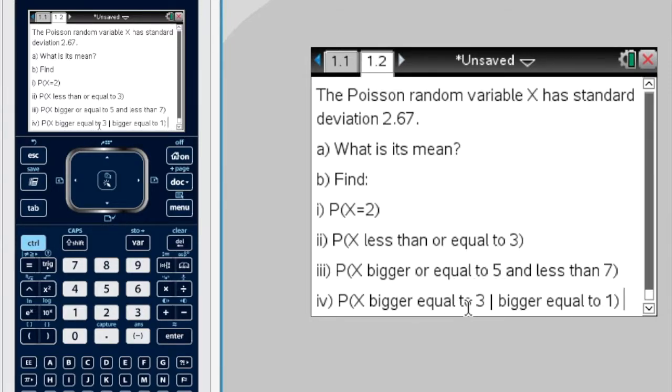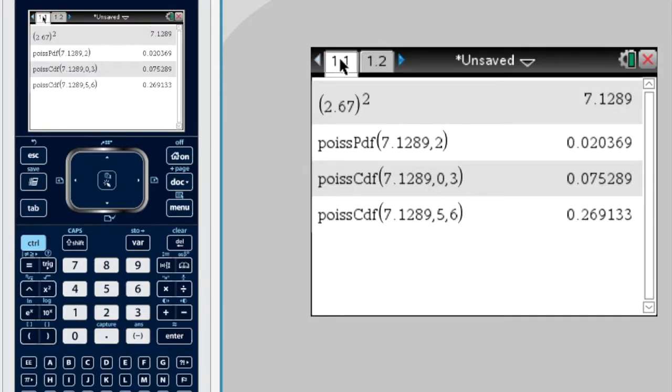Now how do we find that? Let's do that first. The probability that it's bigger or equal to 3, we need to find its complement. The complement of something being bigger or equal to 3 is less than or equal to 2, because remember there are no decimals, so we don't want to include 3.